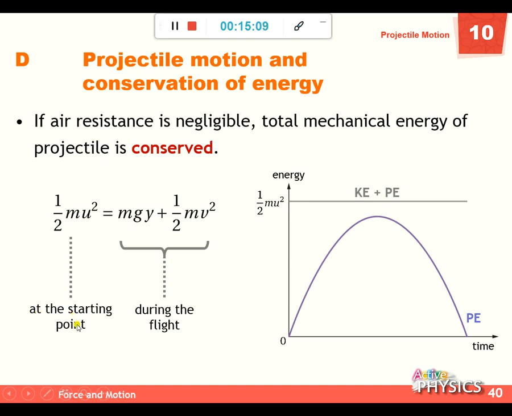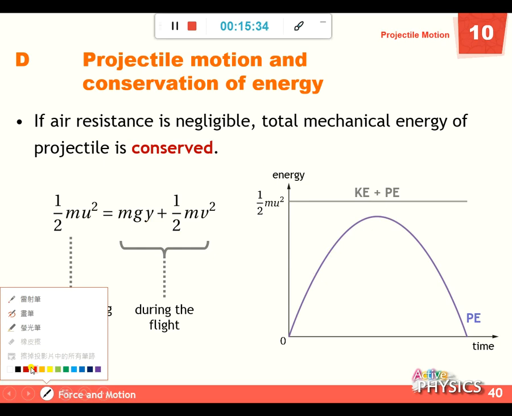At the starting point, usually on the ground, you can let GPE be 0. This one should be the initial KE. When the projectile goes to mid-air, it will have velocity at the same time. Mid-air is usually higher than the initial point, so GPE is mgh, and this h should be y. Then what can you see? You can see this graph.